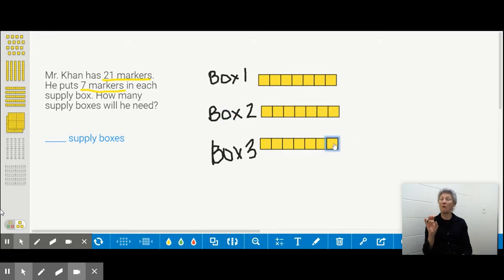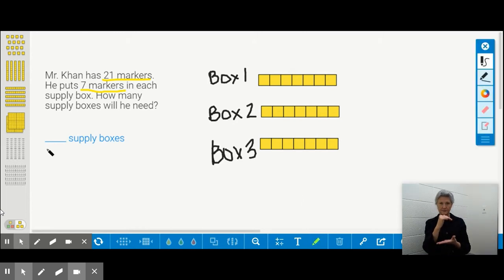All right, so each box has 7 markers. And now we can see that there's 1, 2, 3 boxes. So Mr. Khan will need 3 supply boxes.